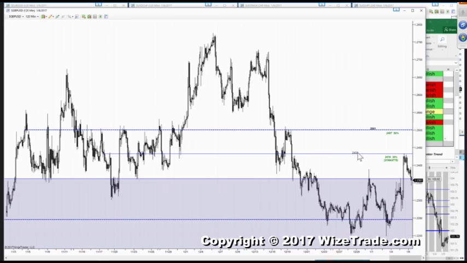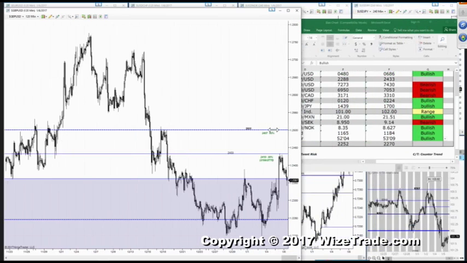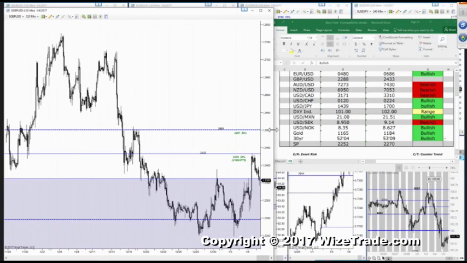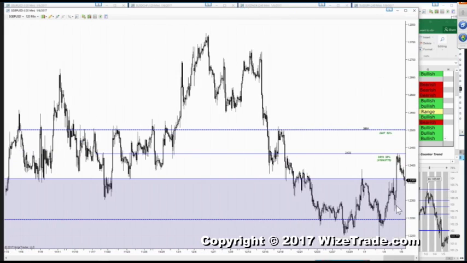So I've got resistance is going to stay at 2433, and support's going to be here at 2288. And what I'm coming up with the 2288, let's open this up a little bit.